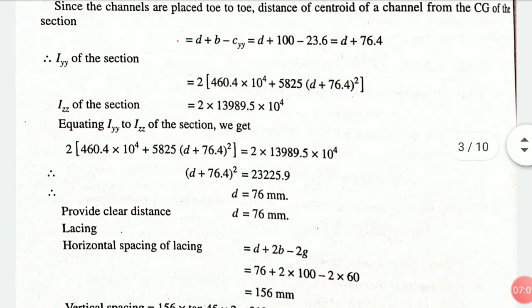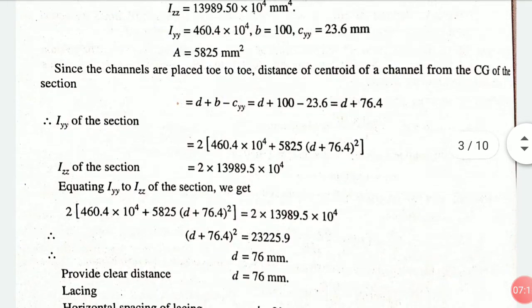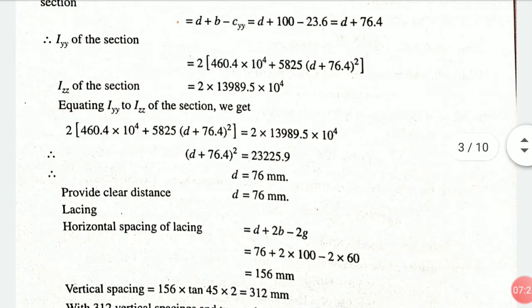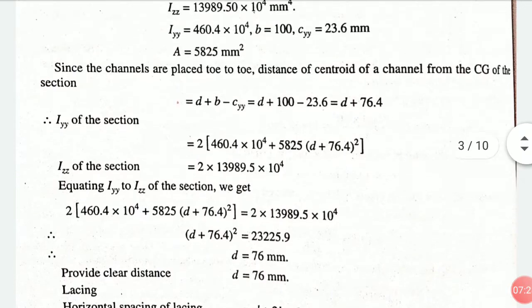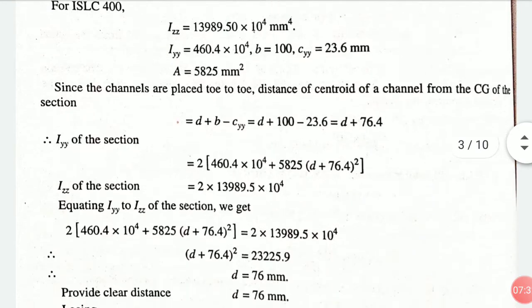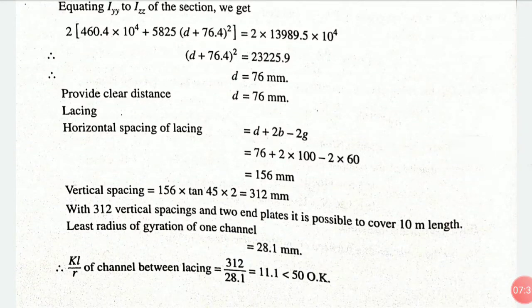So that will give you IY of the section, and IZZ of the section we have 13989.5 into 10 raised to 4. Two sections we have, into 2. So equating both IXX and IYY, I will get the distance between the two channels D as 76 mm. This D from toe to toe what we have placed is 76 mm. Now we will go for design of the link.